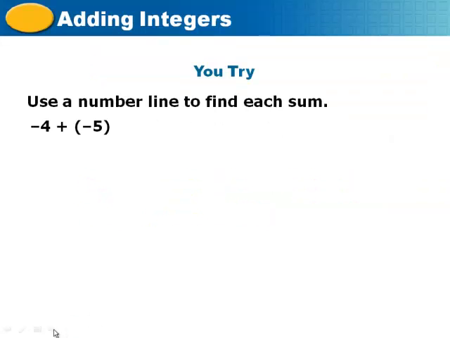Okay, I want you guys to try this one on your own. It's -4 plus -5. And remember, if you need more time to do the problem, you can pause the video at any time.